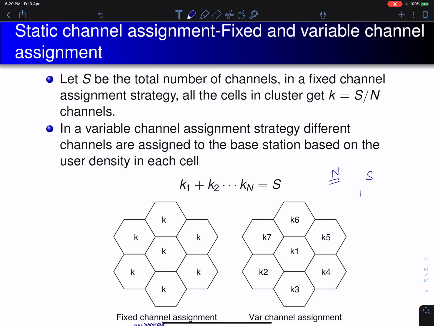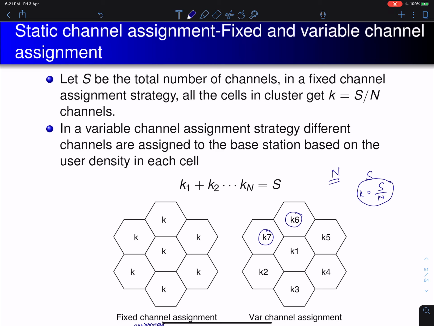Each cell in a cluster is going to be uniformly given K channels, where K equals S by N. But in reality, it might turn out that some cells have higher population compared to the other cells. The users are much higher, maybe in a region like a hostel versus a residential complex. In a hostel there are more students, and if every student has a cell phone, there are more users in that area.